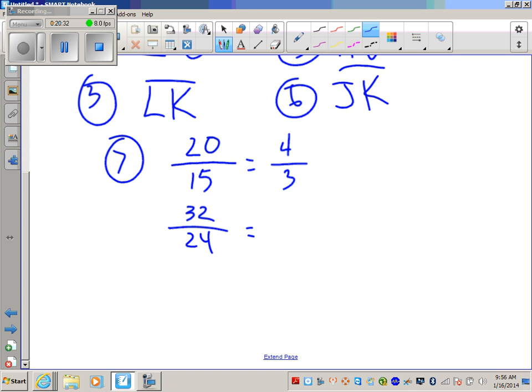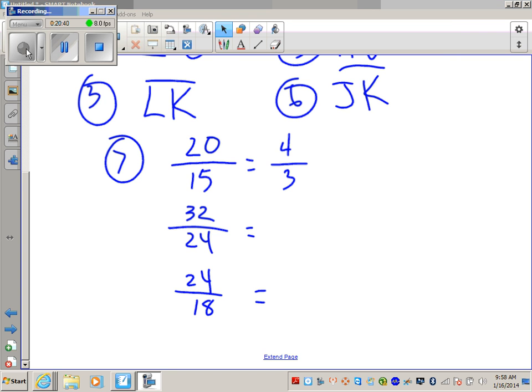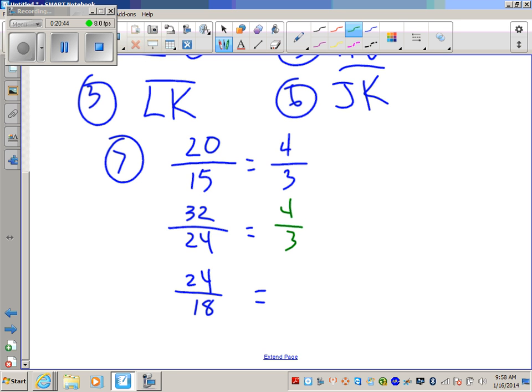And then the last one, 24 for MO and 18. Test them out to make sure that they work. So we should have 4:3. And for this one, we divided them by 6, and we had the 4:3.